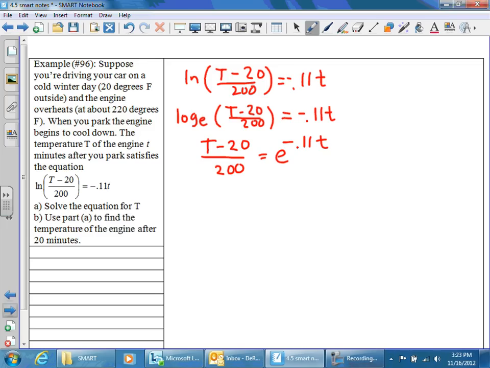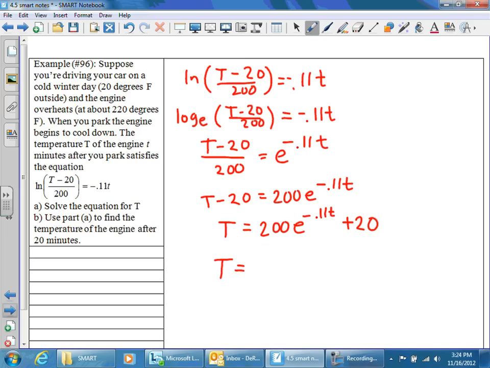Multiply by your 200. And now add 20. There's part A. Part B says, use this to find the temperature of the engine after 20 minutes.